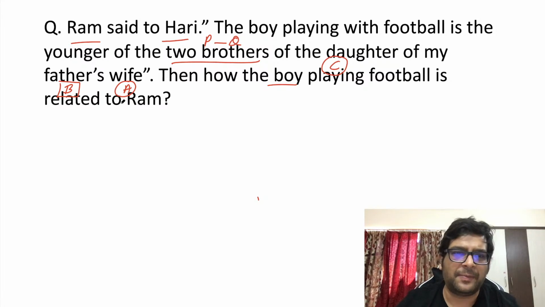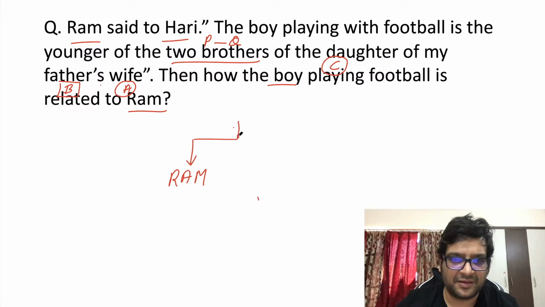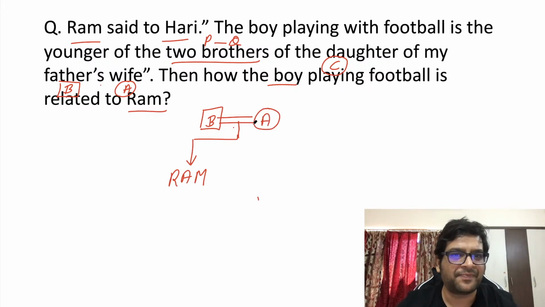Then how is the boy playing football related to Ram? So we have Ram, and then Ram's father's wife. Ram's father is B and father's wife is A. So basically they are Ram's parents.